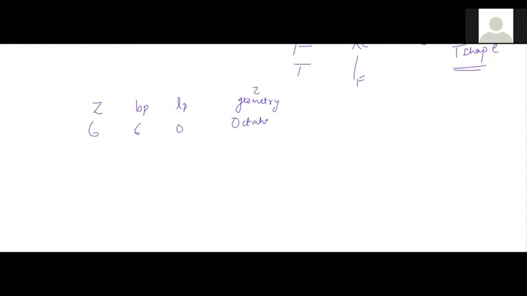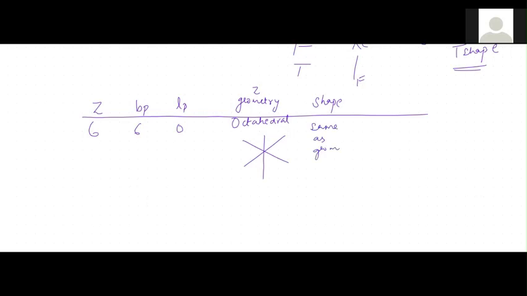We have done this in the last video. When Z value is 6, it is octahedral. So it will be something like this. And the shape will be the same as the geometry because there is no lone pair. And the hybridization is sp3d2.